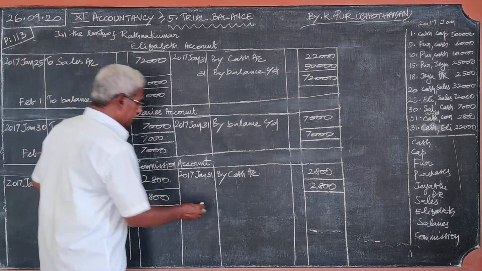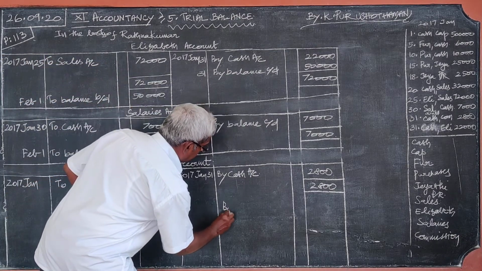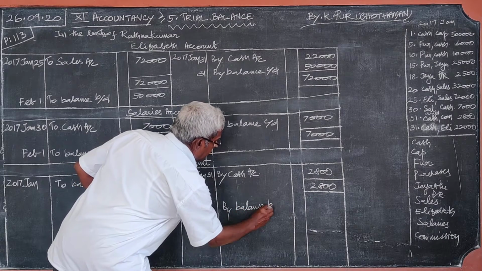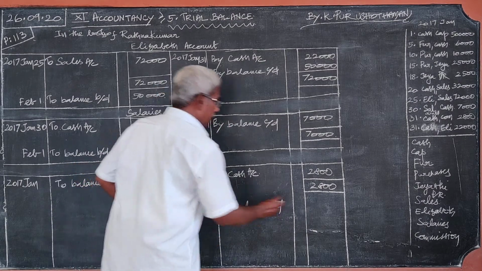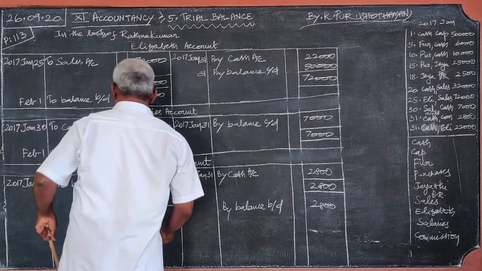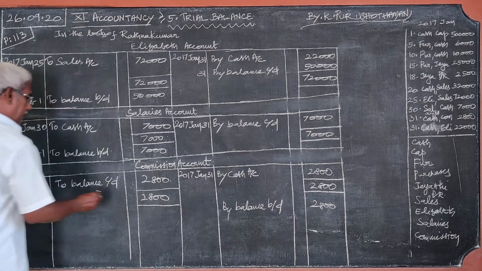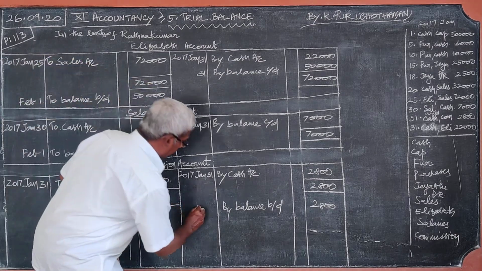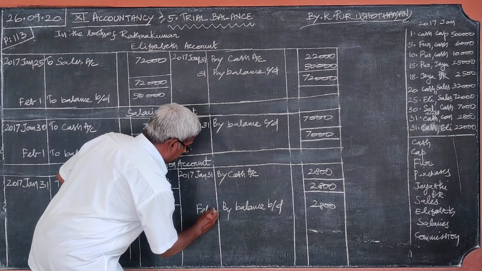And opposite side balance brought down. The same carried down amount. Carried down last date and brought down the next month first date.